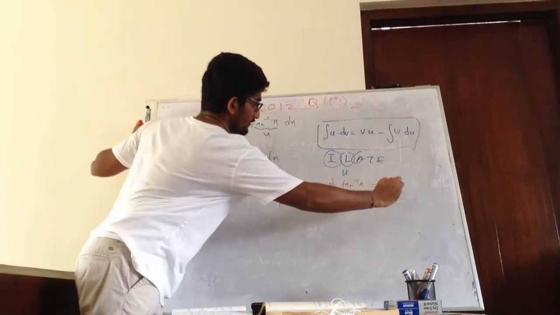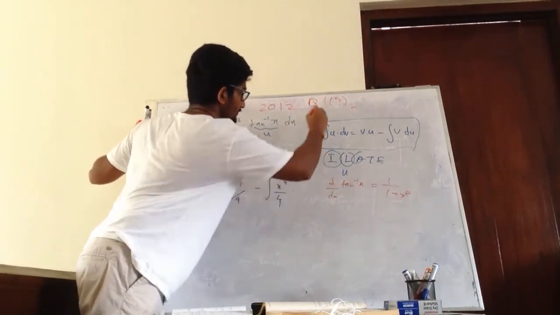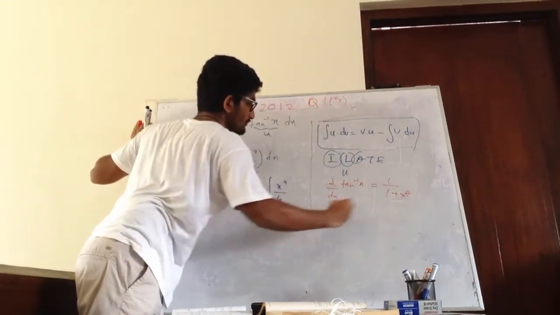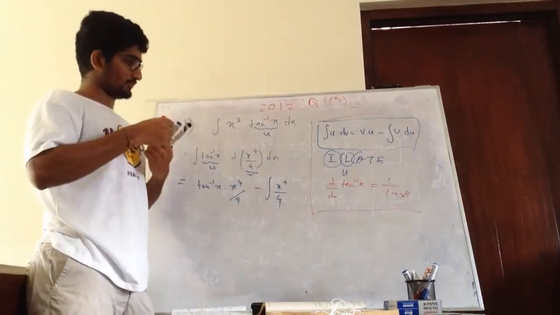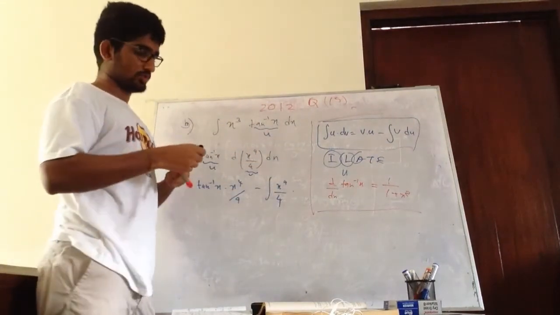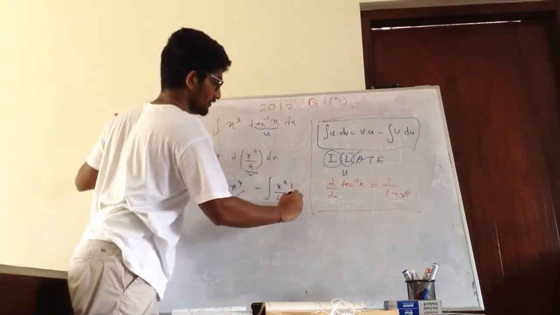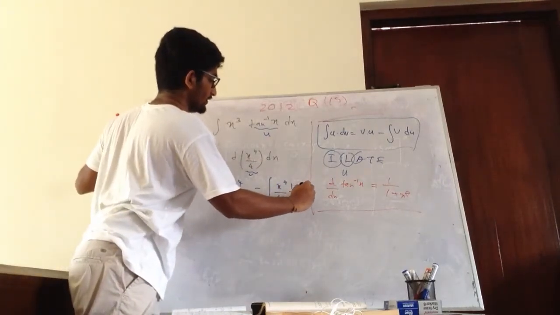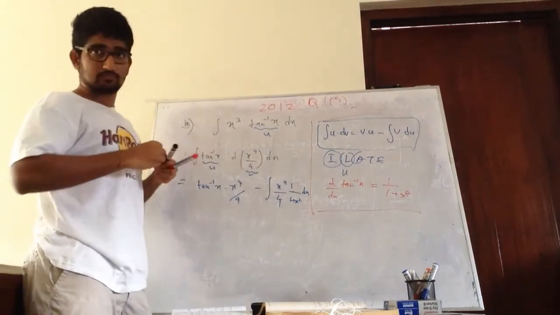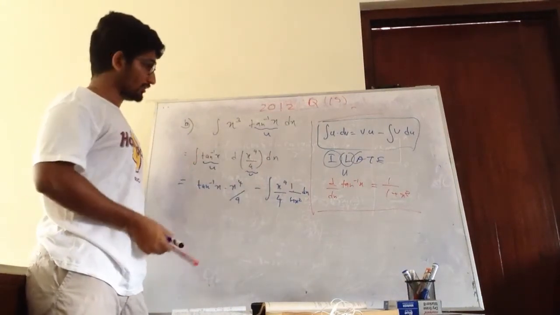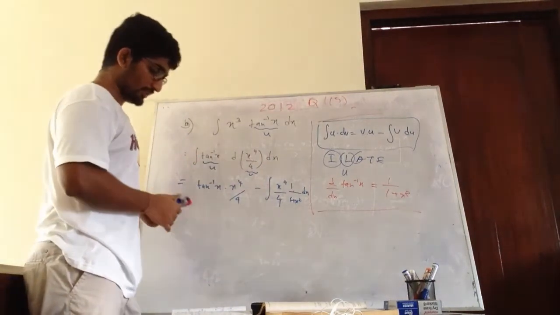That is 1 over 1 plus x square. Correct, no? So that is, you will get x⁴ over 4 times 1 over 1 plus x square dx.